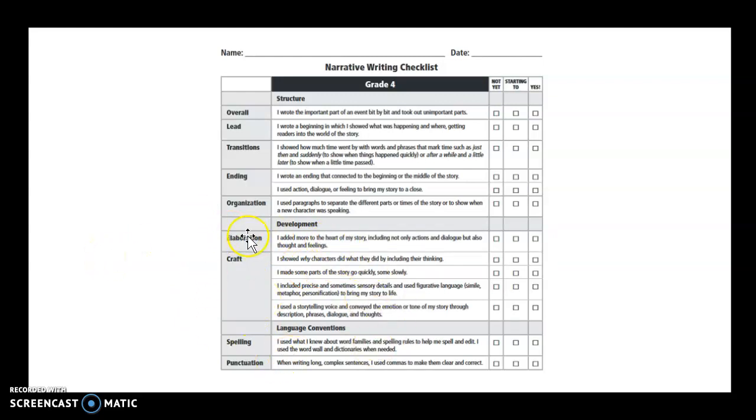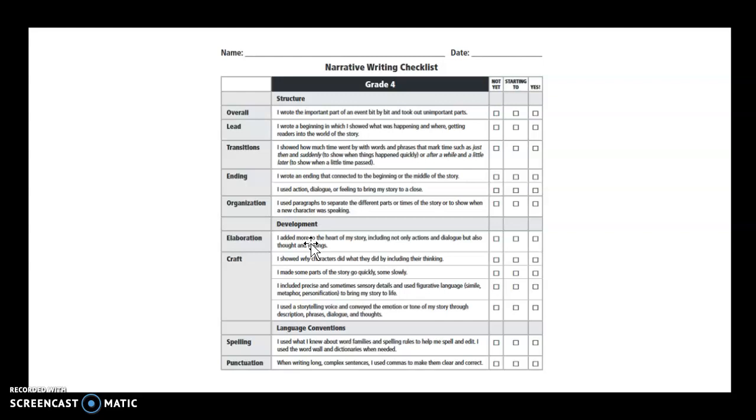Although there's only two little elements here, there's a lot within them that you can do to make your story even better. So for the elaboration piece, when I think of that word elaboration, I think of the word details. And so you just want to make sure that you have added more details to the heart of your story, including not only the actions and dialogue, but also the thoughts and the feelings. That goes back to when we talked about how your story should not just be dialogue.